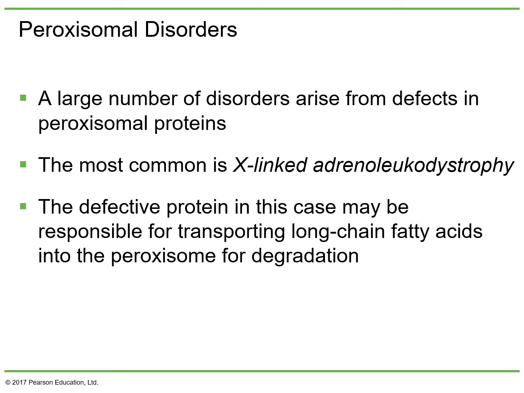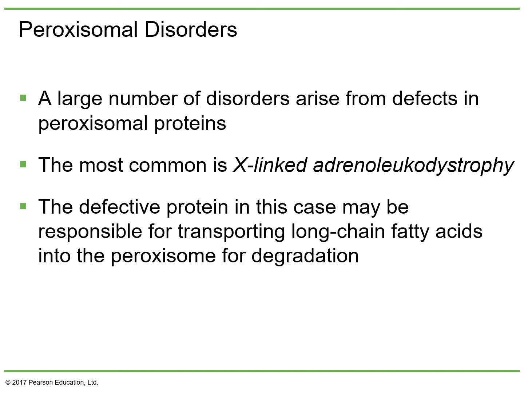Considering the variety of metabolic pathways found in peroxisomes, it is not surprising that a large number of disorders arise from defective peroxisomal proteins. The most common peroxisomal disorder is the X-linked adrenoleukodystrophy.